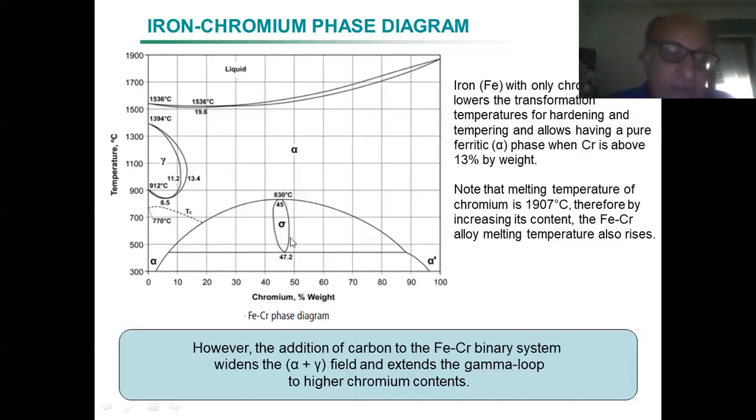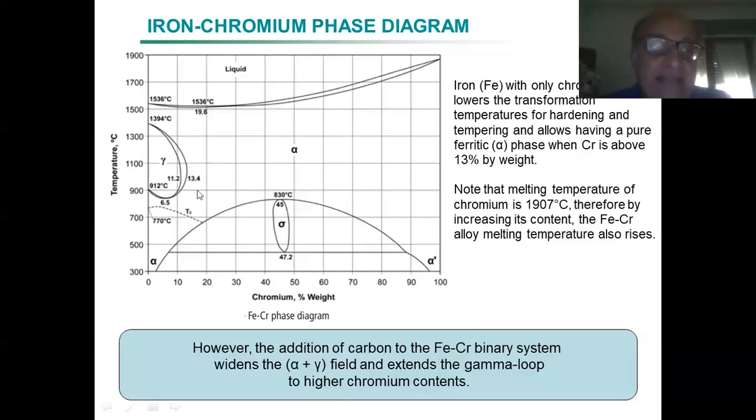There is also a need to see that in this iron chromium diagram with no carbon, the gamma area is a very small one, and we easily come out of the gamma area when we apply, say, 18% of chromium.